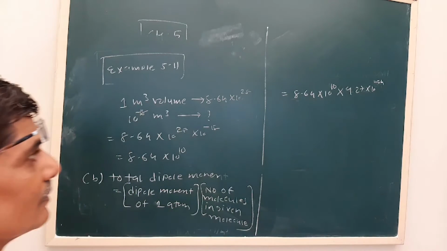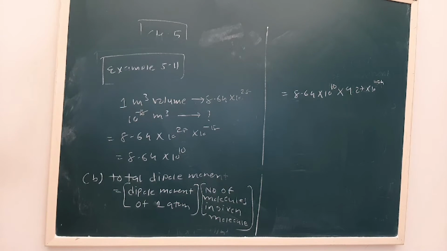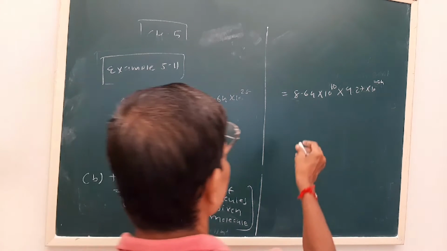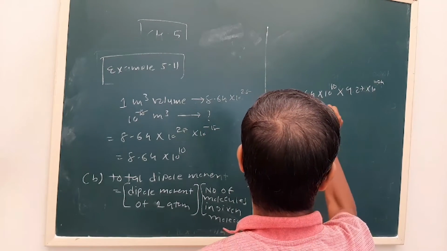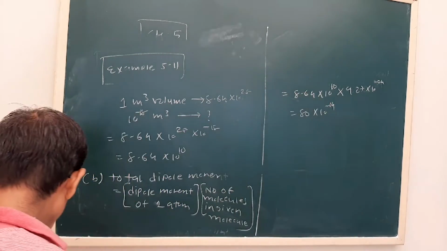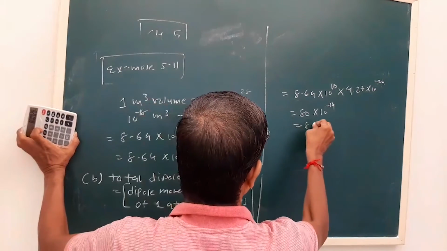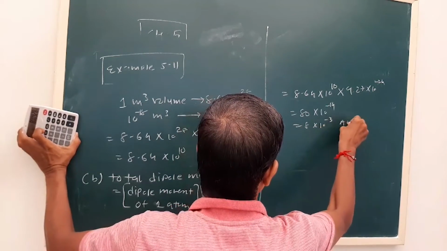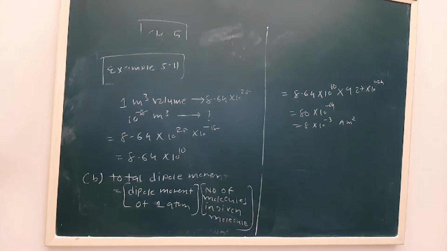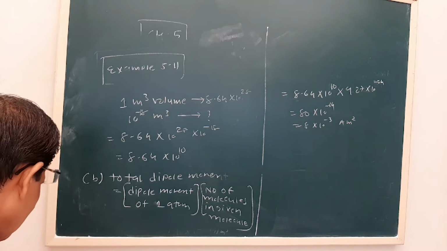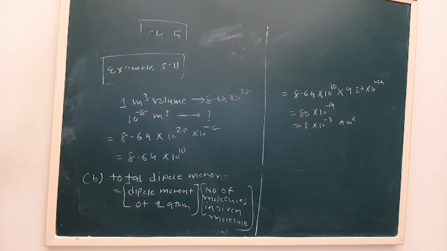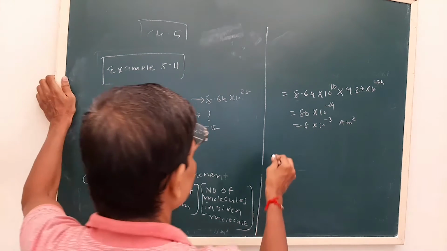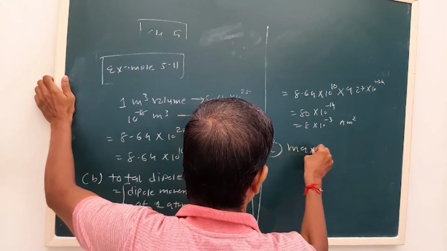Okay, so now we simplify. That is 8 into 10 to minus. Okay, see here n is a number only, so that will have the same unit. Now what will be the corresponding maximum magnetization?